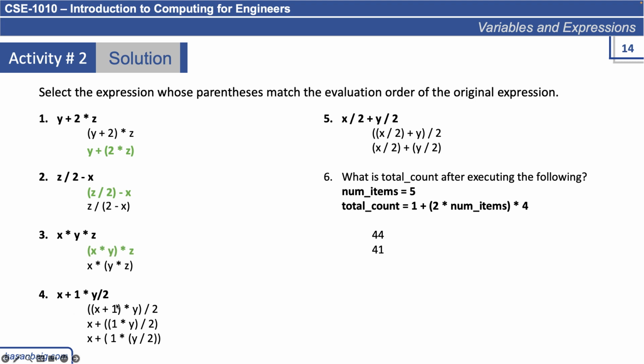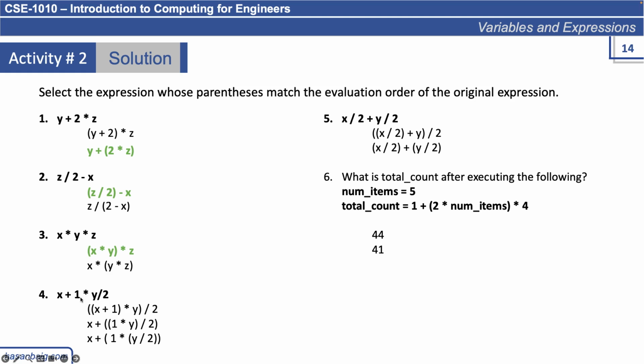Let's talk about this one. x plus 1 multiplied by y divided by 2. So here addition has the lowest precedence among all these operators. So here the expression will be evaluated from left to right.